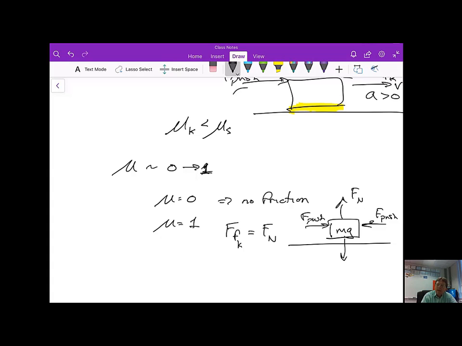I would have to push with the same force as if I was picking up the object. Typically, pushing something is going to be easier than picking up the object. Not always, but typically.